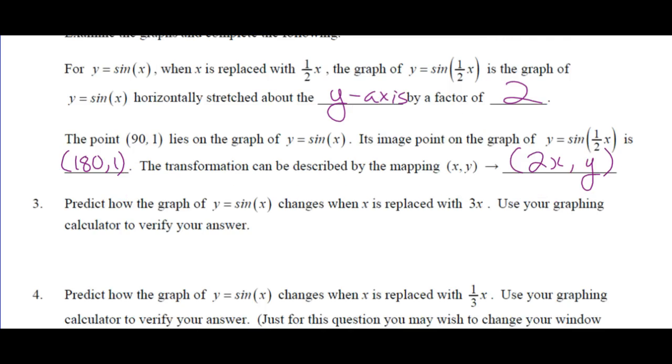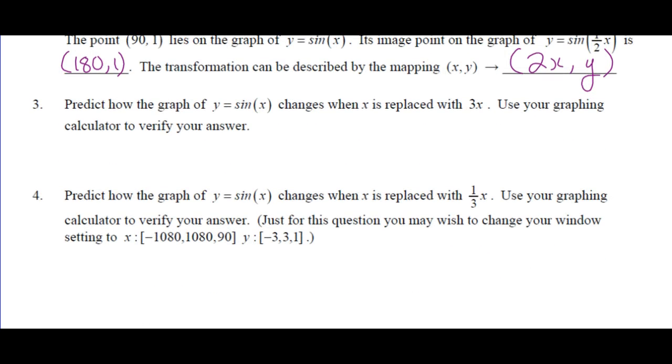Predict how the graph of y equals sine x changes when x is replaced with 3x. Stretch by a factor of 1/3. It'll be a horizontal stretch about the y-axis.